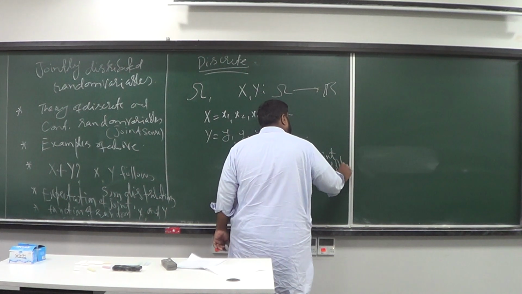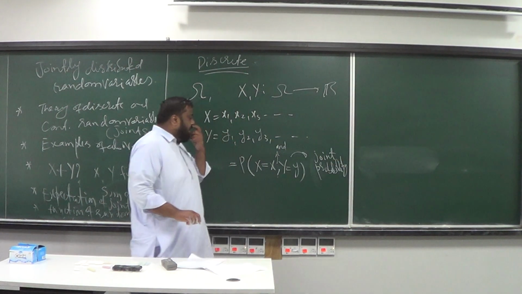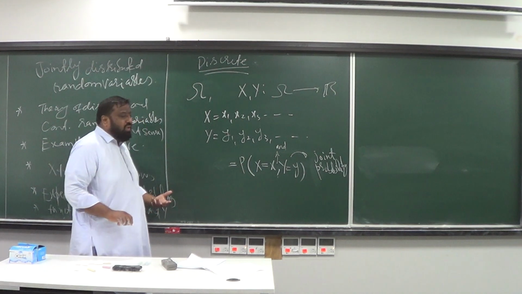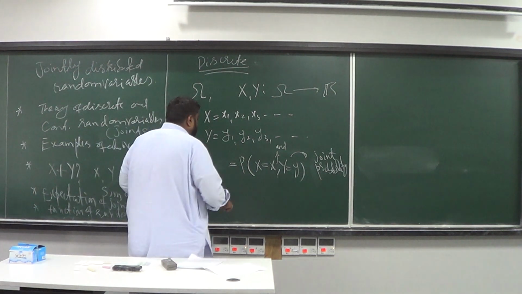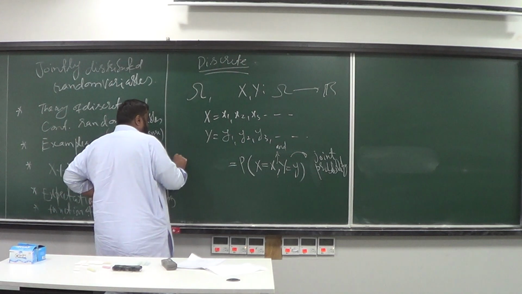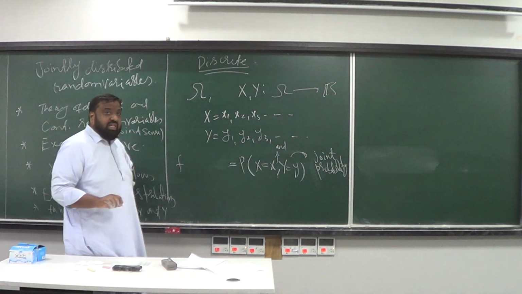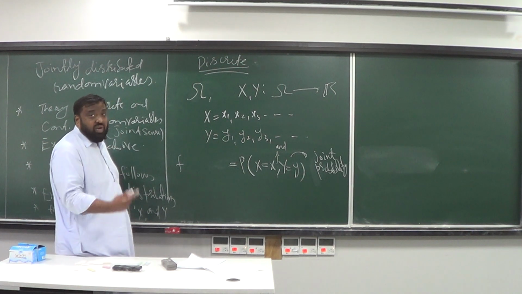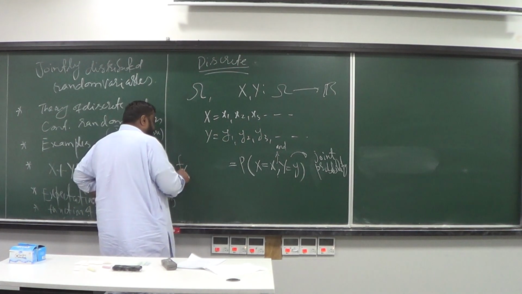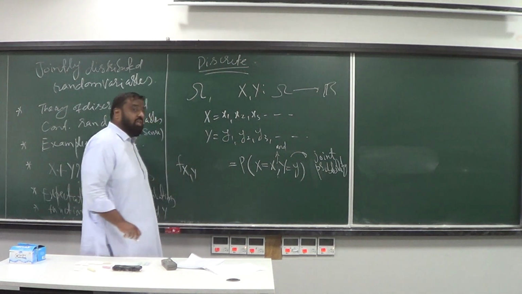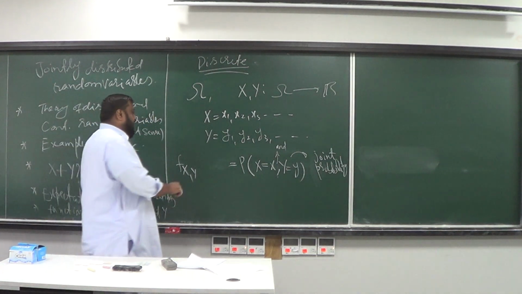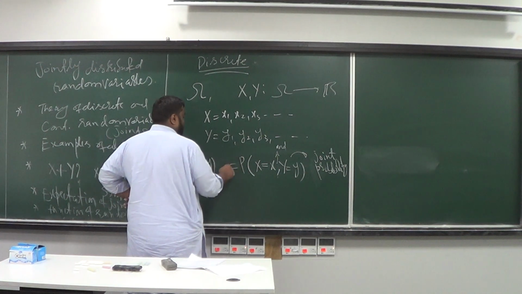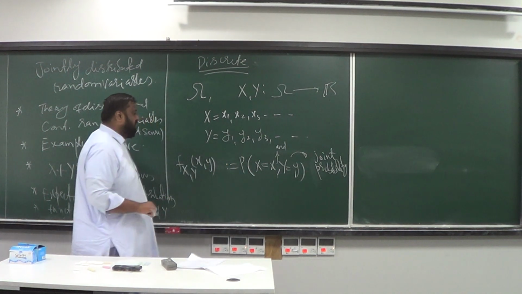So the joint probability of X taking value x and Y taking value y, I'm going to denote by a PMF, but this is not the PMF of only X or only Y, but the joint PMF of X and Y. I'm going to use this notation, f_XY, and say that it's a function of two variables x and y.